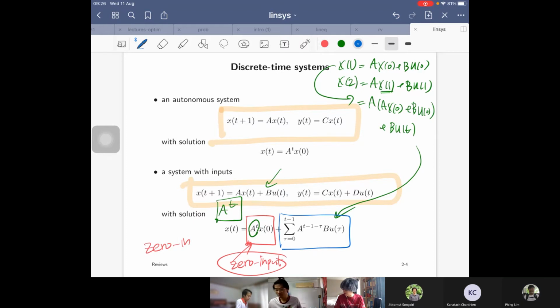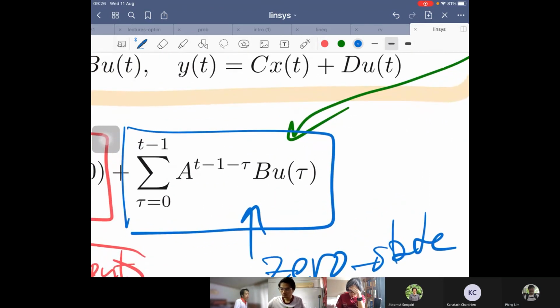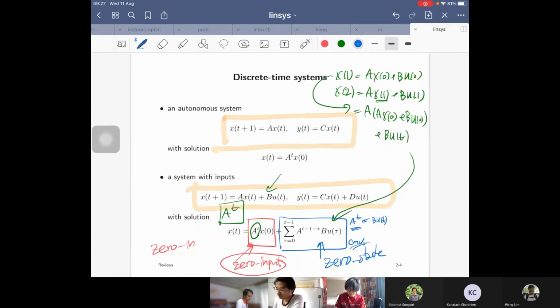What about the blue term, Ping? The blue one is the zero state response. And if you look closely at the zero state response, this is the convolution term between the state transition matrix and the input. Please review.